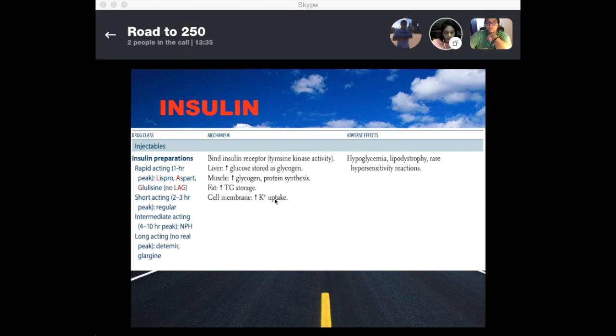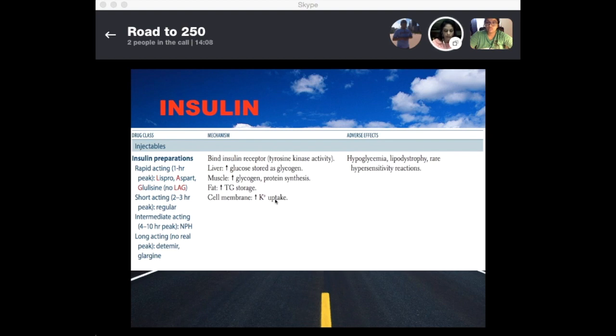A little bit about detemir, and this concept can be applied to both detemir and glargine in a variation: they have a fatty acid component added on to the lysine amino acid terminal of the insulin molecule. This fatty acid side chain allows binding to albumin in our body, and then it slowly dissociates, hence why it has a prolonged action.